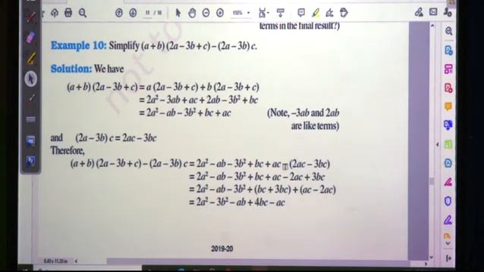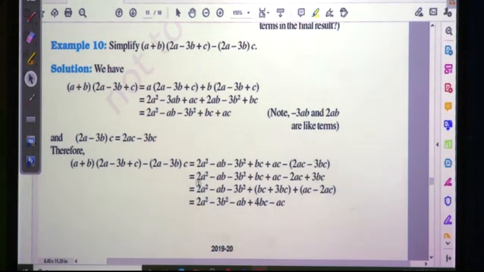it is minus sign which is to be applied. So minus 2ac minus 3bc is there, it will become plus 3bc, because 2ac is originally plus, it became minus, and 3bc which is minus, it became plus. So minus into minus is plus.